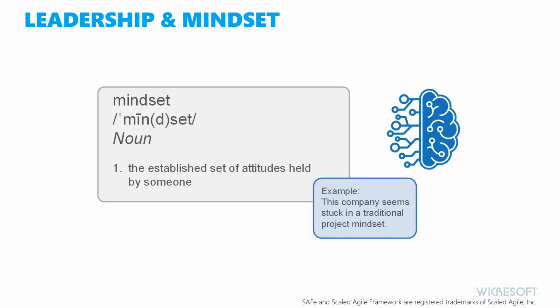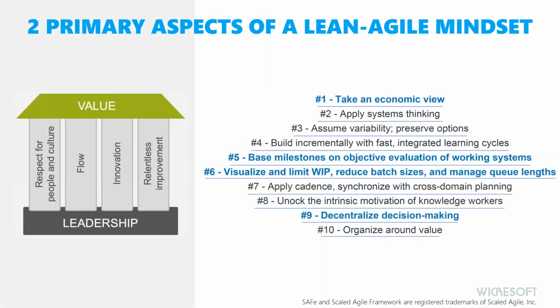Mindset. Another part of lean portfolio management is a real focus on mindset. Mindset meaning the established set of attitudes held by somebody. And there's two big focus areas for a lean agile mindset. One is this thing on the left called the House of Lean, which interestingly, instead of having leadership at the top, it's got leadership at the bottom, which I like. Meaning that leadership is the foundation.